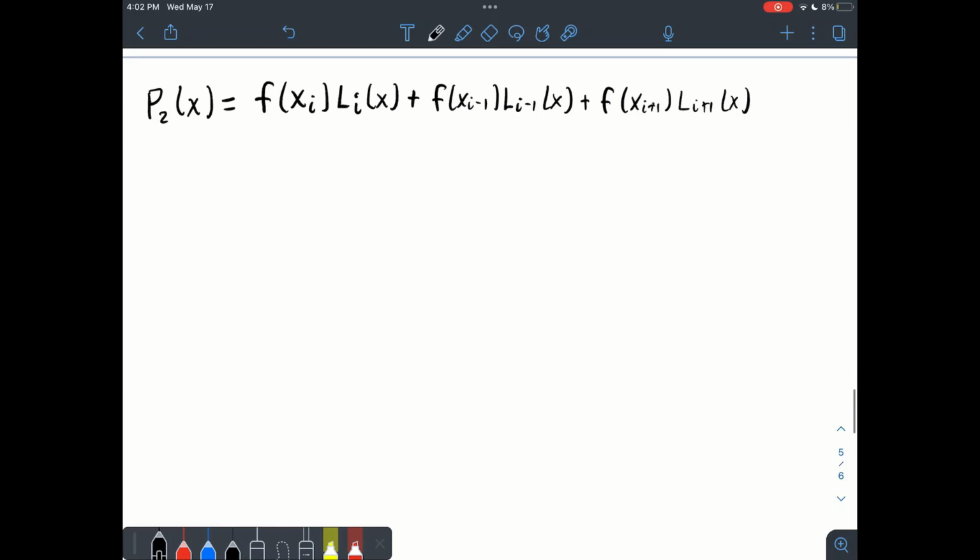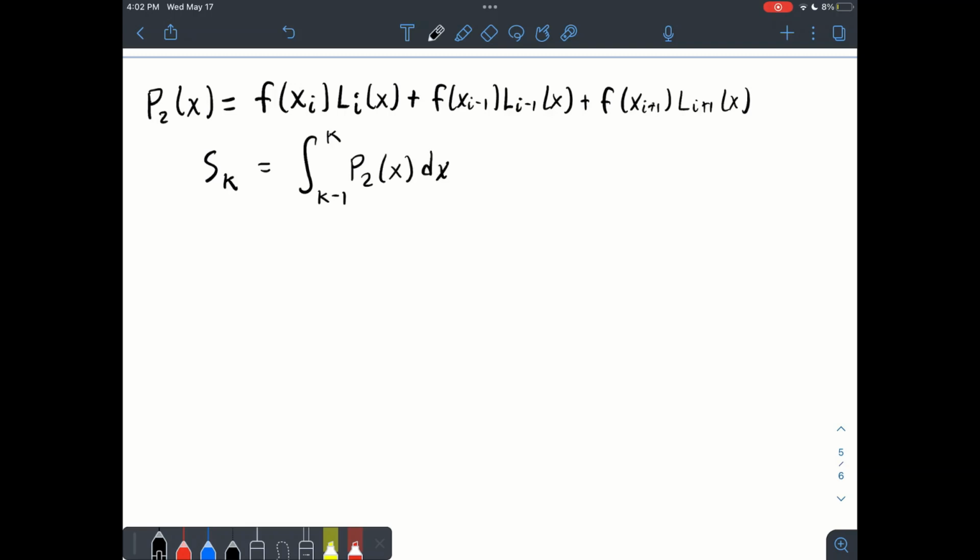I'm going to call it S_k. So Simpson's rule for the kth node is going to equal the integral from k minus 1 to k plus 1 of P2(x) dx.